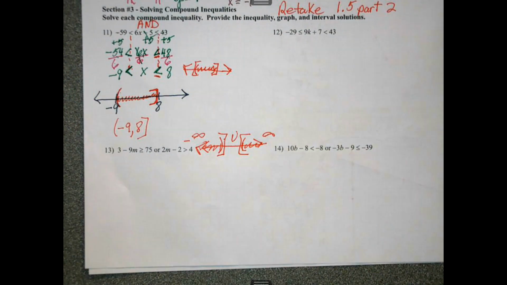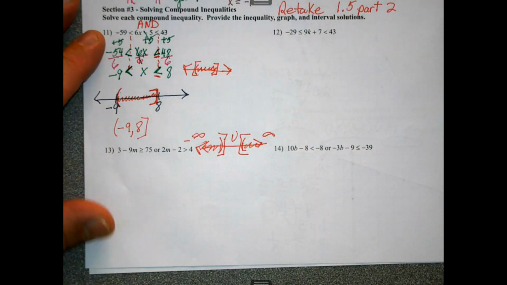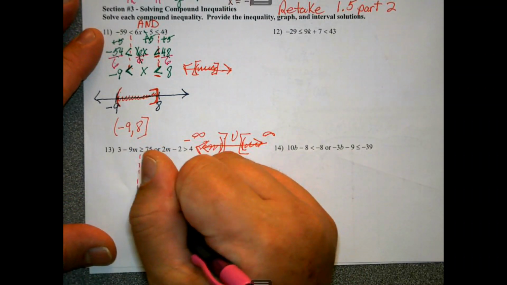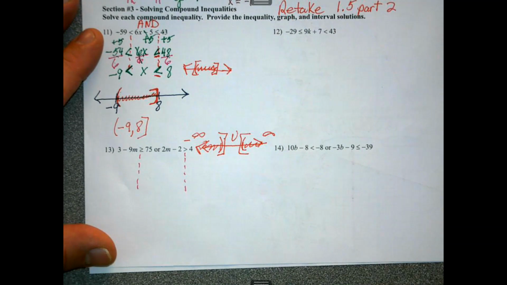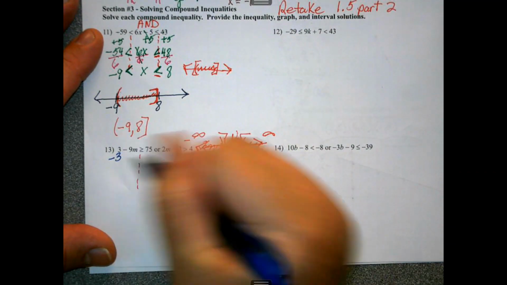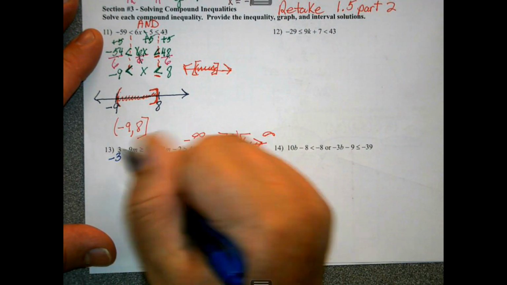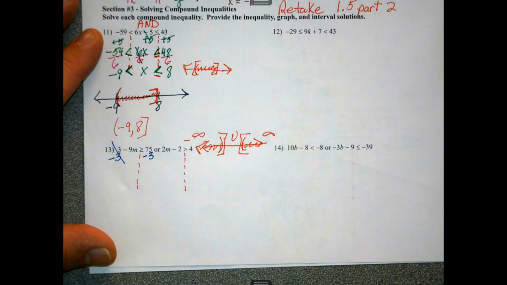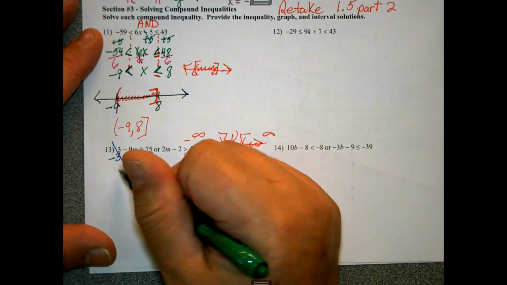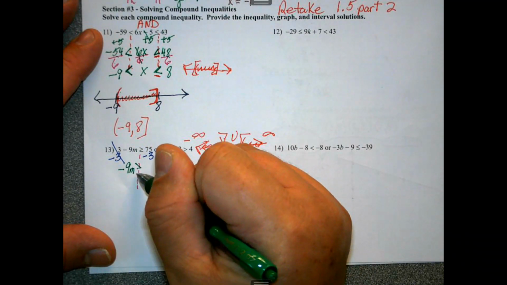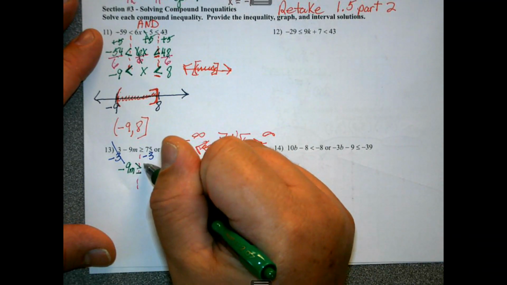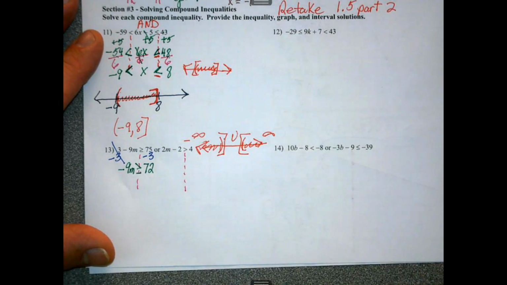All right, you ready? Let's see. I have two inequalities to solve. I'm going to subtract 3, subtract 3. I have negative 9m is greater than or equal to 75 minus 3, which is 72.